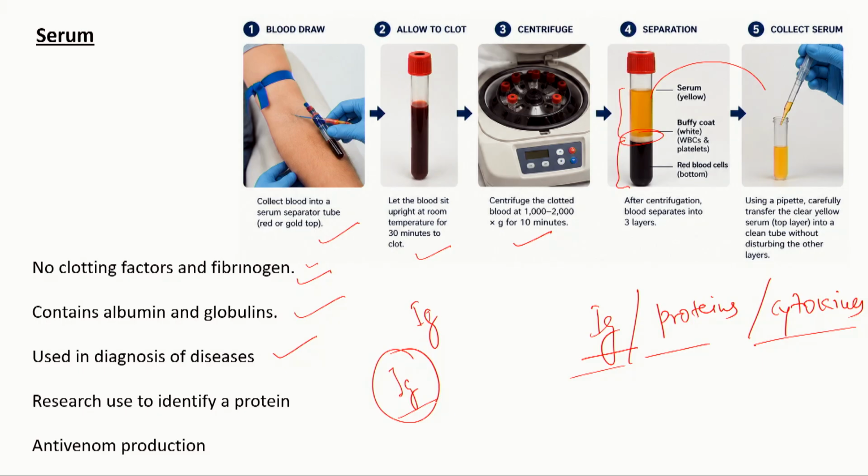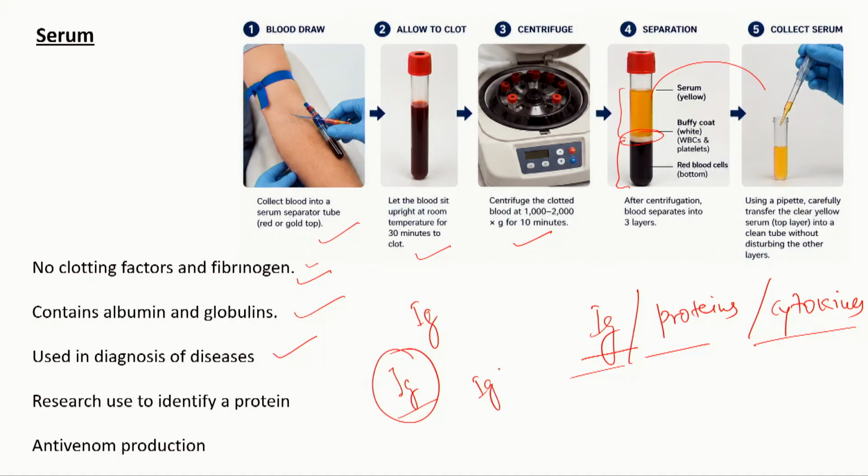We can also tell whether the person has recently started suffering from a disease, or it's a chronic, long lasting condition. So we can have acute and chronic conditions, where when we have a very high IgM concentration, we can say the person is suffering from an acute infection.